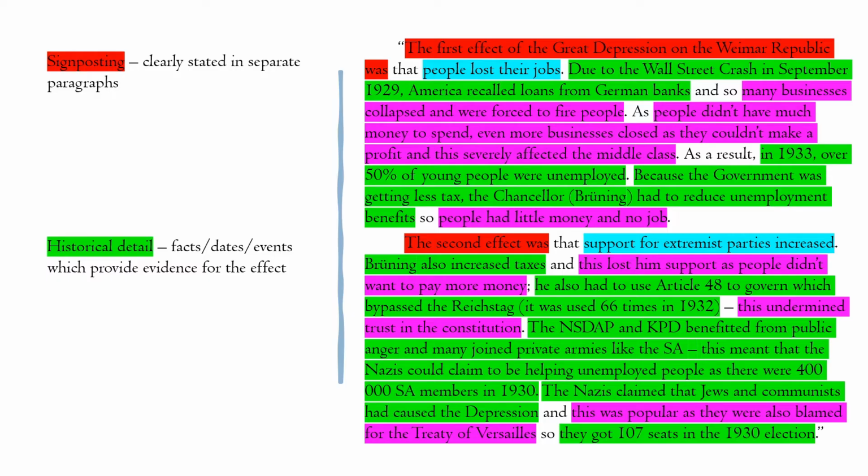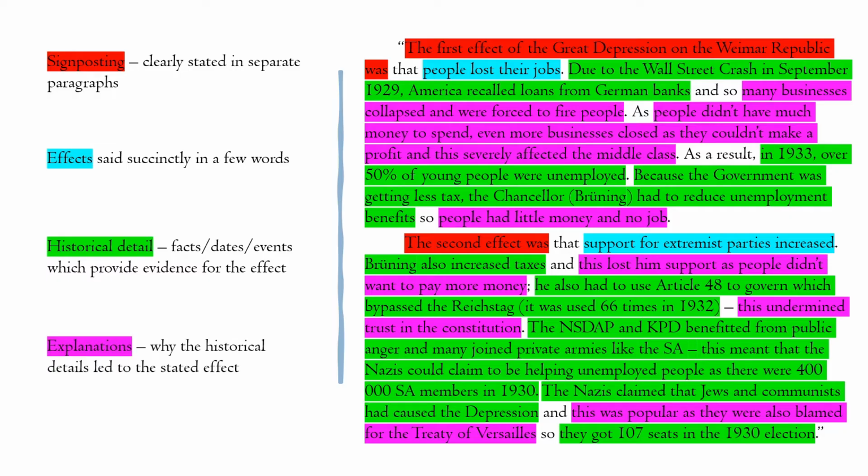The blue parts, just going back a bit, are the effects, very, very clearly in one phrase, right at the beginning of the paragraph. People lost their jobs, support for extremist parties increased. Really, really simple. You don't need to go into loads of detail, just put the effect and then explain it. The parts in purple are the actual explanations.